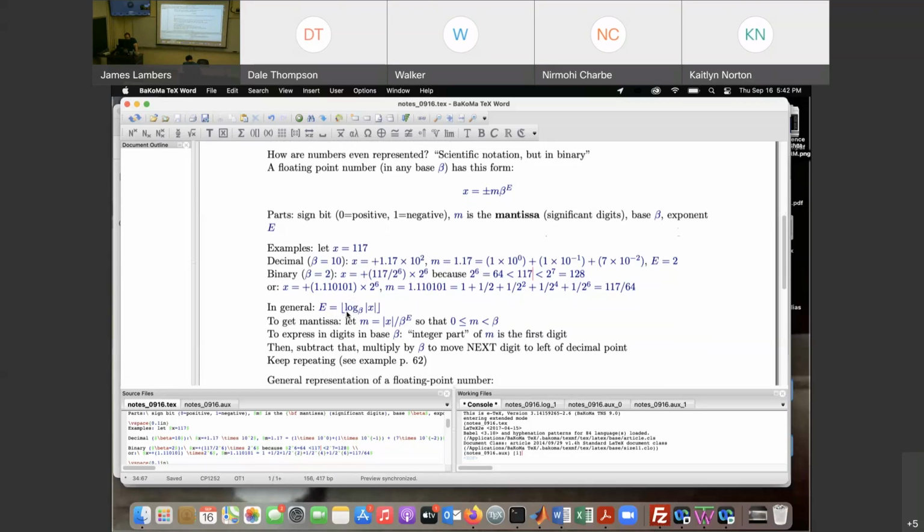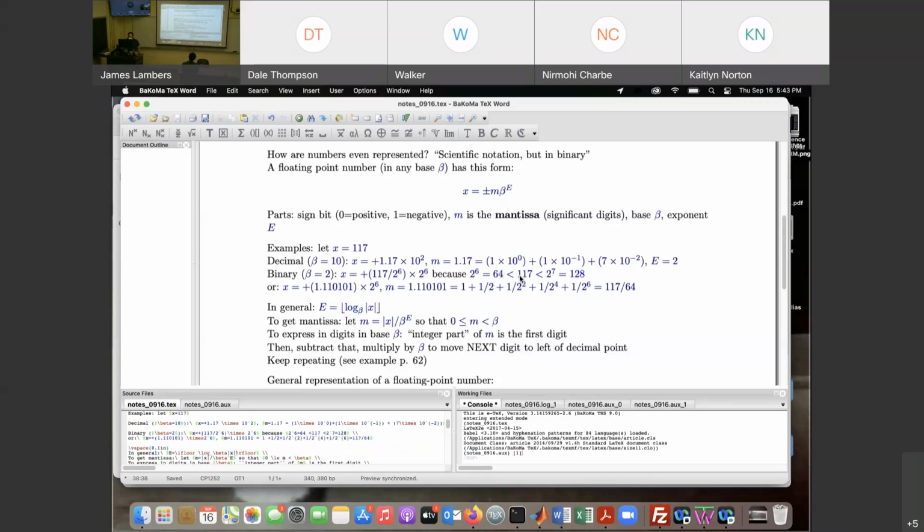To get the exponent, in whatever base you're working in, you take the absolute value of your number, and you take the logarithm in that base. But then you round it down. You take the floor. Recall this notation means floor, so you're taking the greatest integer that is less than or equal to this value. And that gives you the exponent.